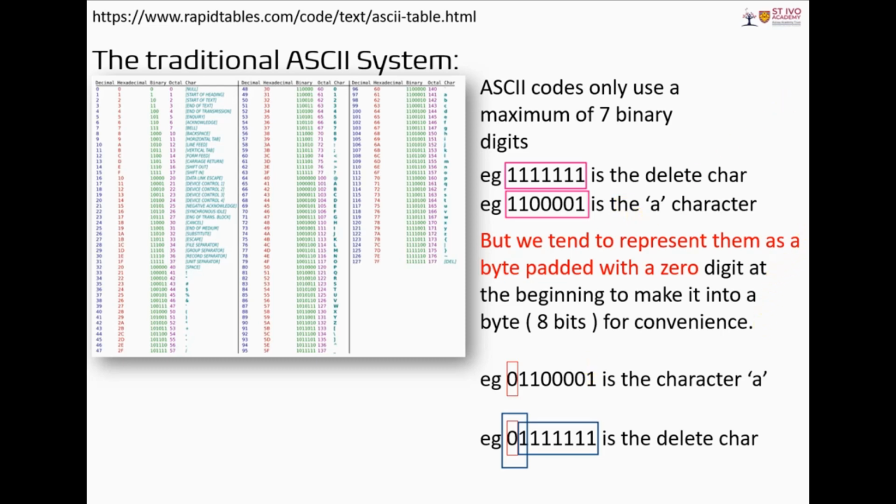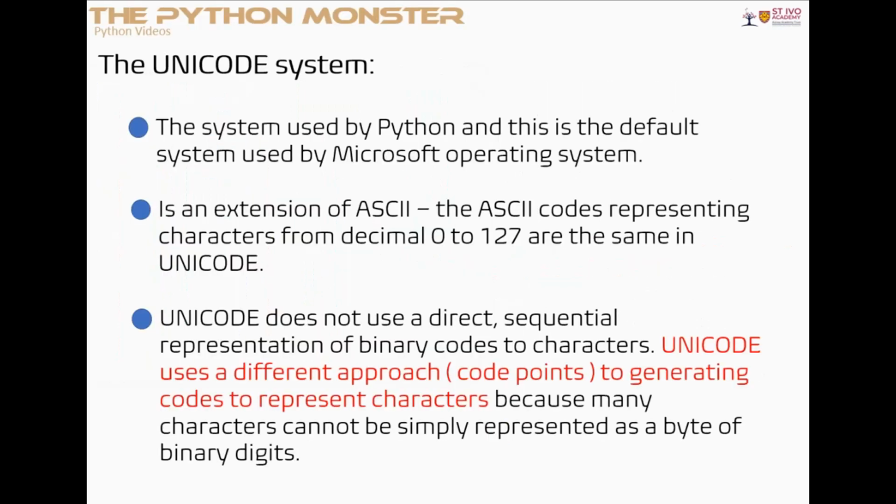The one thing I wanted to talk about was Unicode. Very briefly guys, we will be doing some more in future videos, which are optional because you don't necessarily need to do them, but I did want to mention Unicode. Unicode is the system by default that's used by Microsoft. The Microsoft operating system uses Unicode. Python uses Unicode.